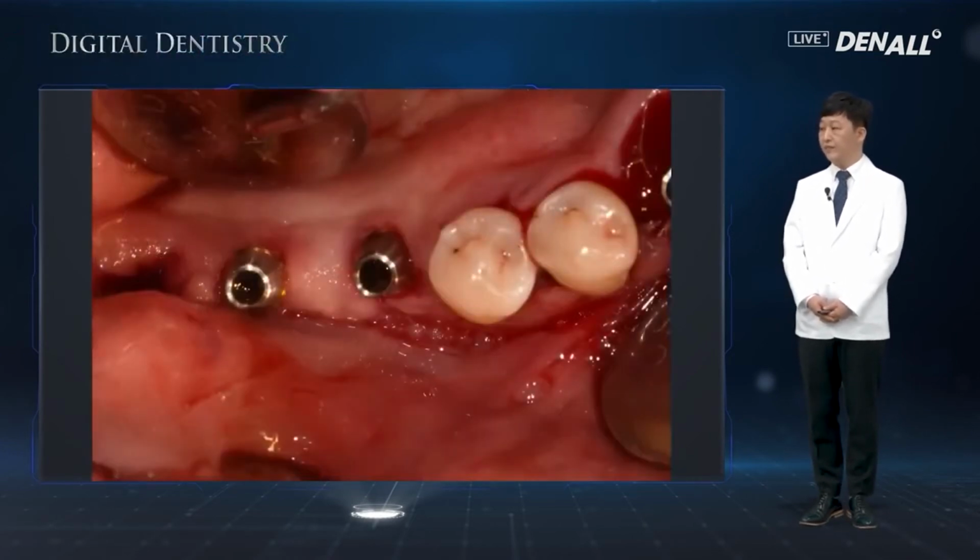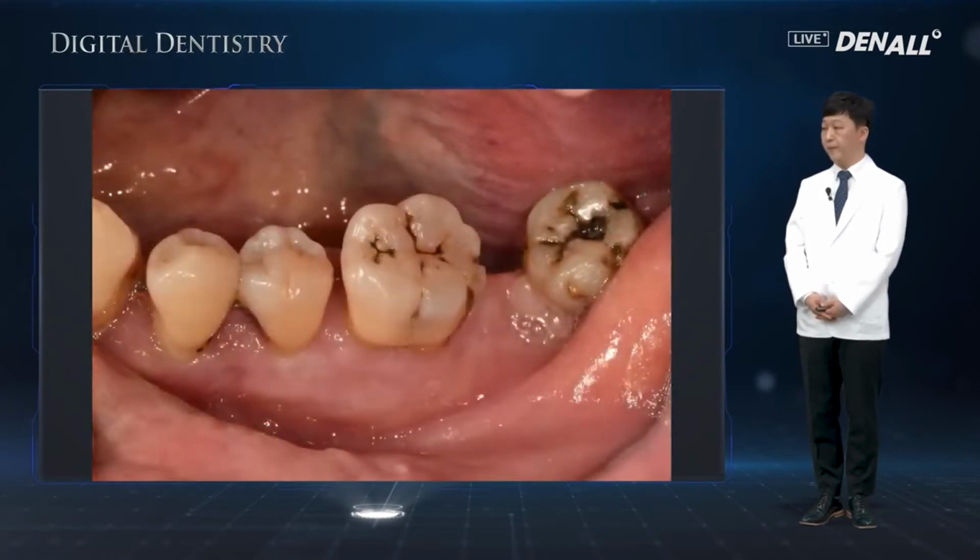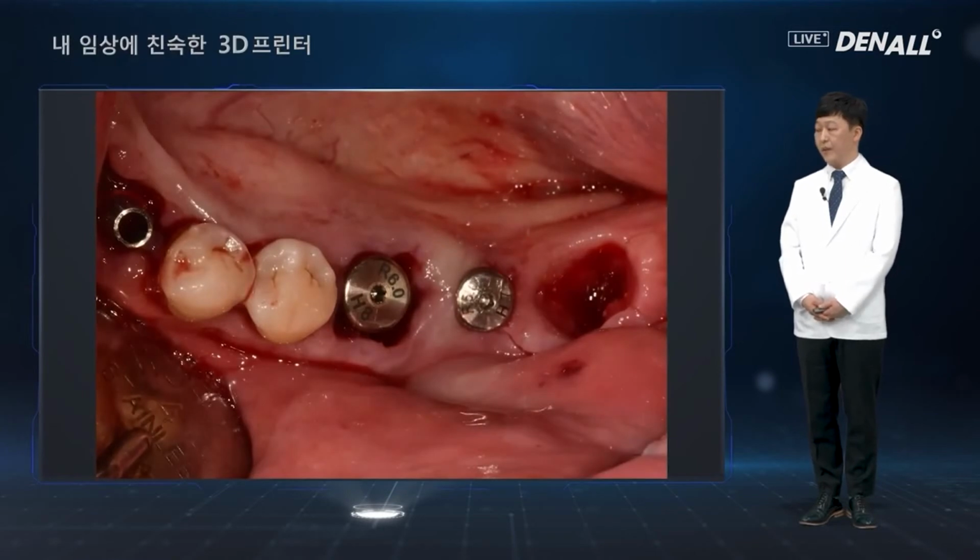In the first and second molar area, in the right mandible, implants were placed flapless like this, and abutments were connected. The left molars were extracted like this, and an implant was placed, but the extraction socket gap was quite large.